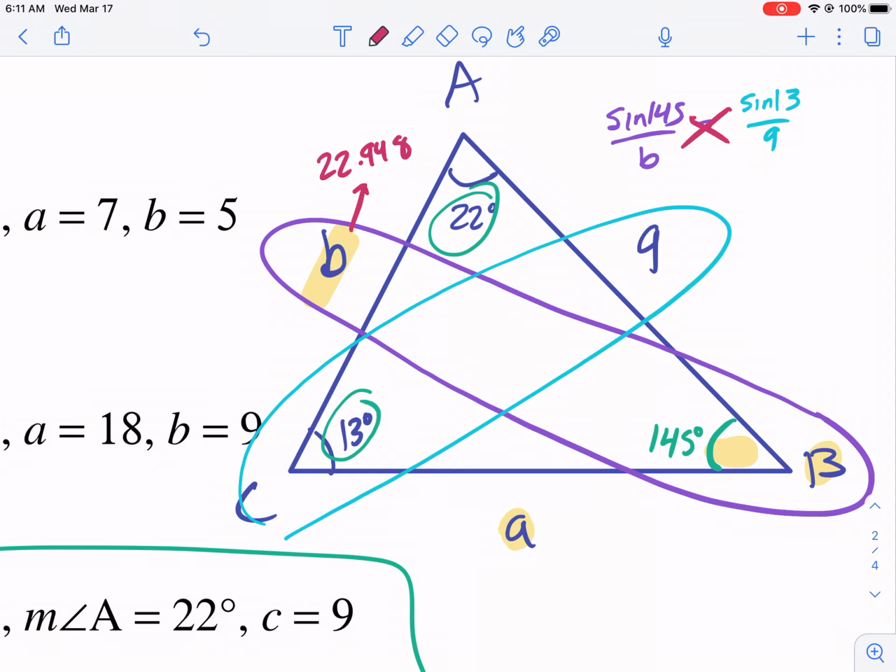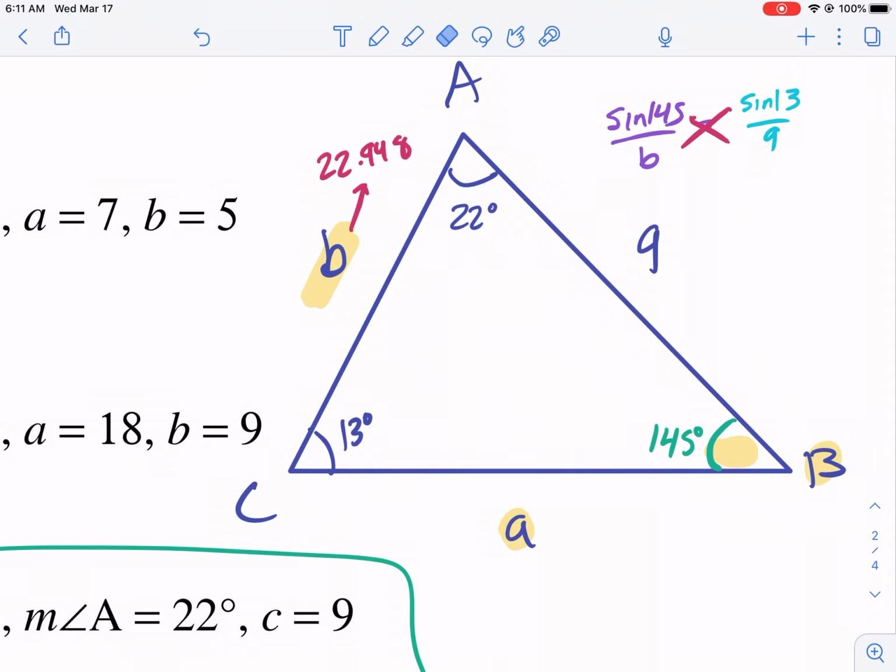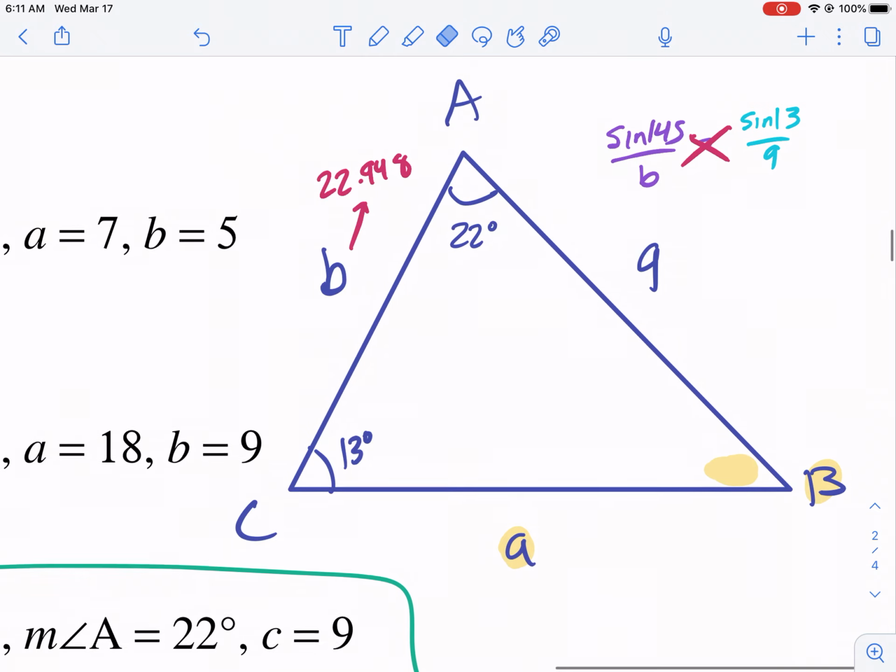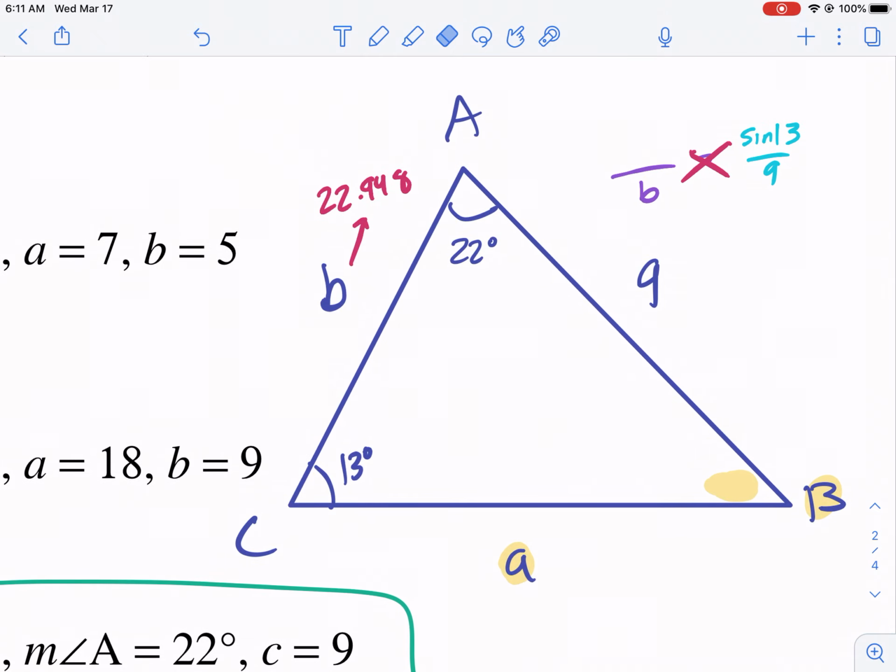Okay, now let me work backwards. Imagine here that I didn't know angle B was 145, but now I know side b is actually 22.948. Here's what I'm going to show. We don't know this; we're looking for sine B. And then I do know this, so I'm going to write 22.948.